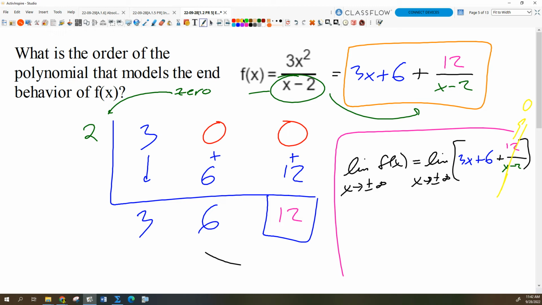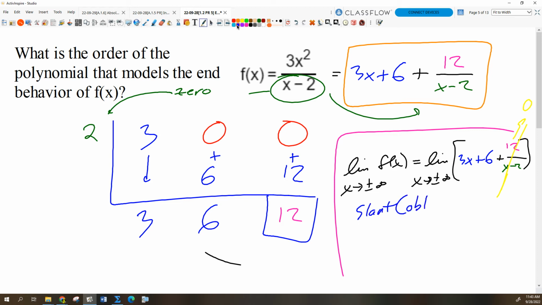Now, if x is very close to 2, this term is going to dominate, right? Because the denominator is going to get big and that term is going to dominate. But as x approaches infinity, once we get far away from 2, this is the part that's going to be important. So we end up then with the slant asymptote.